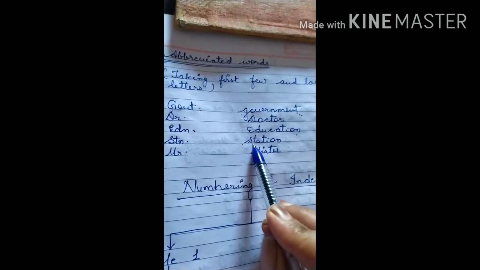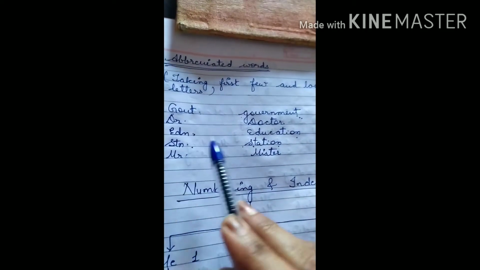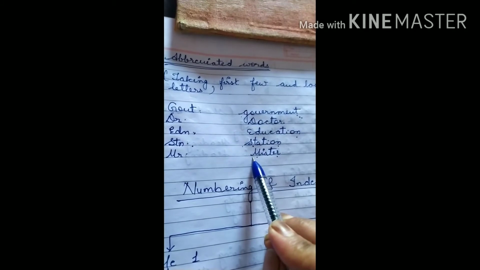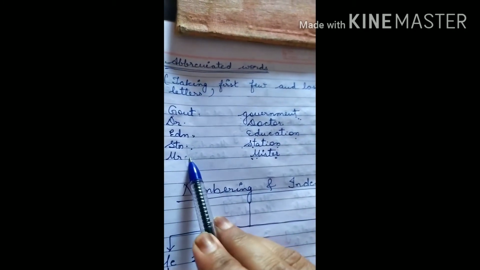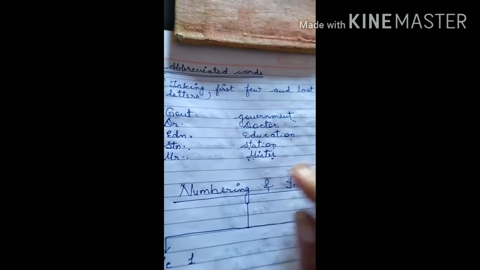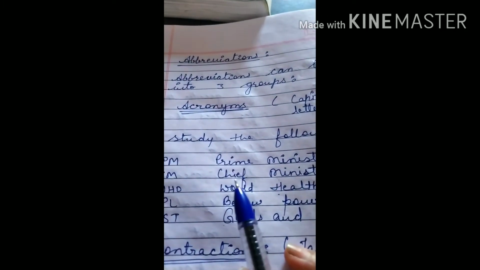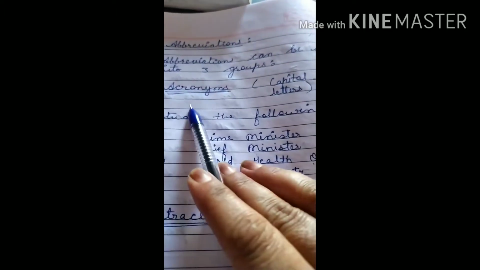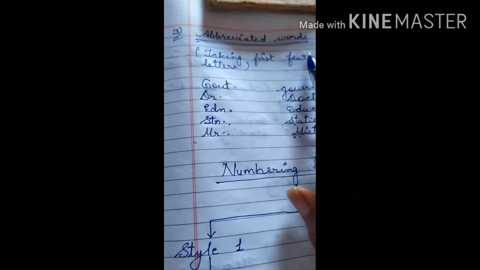Station, ST and then the last character N, and then put a dot. Mr., M and then the last character R, and then put a dot. Clear, students? So these three types are there for abbreviations: acronyms, contractions and abbreviated words.